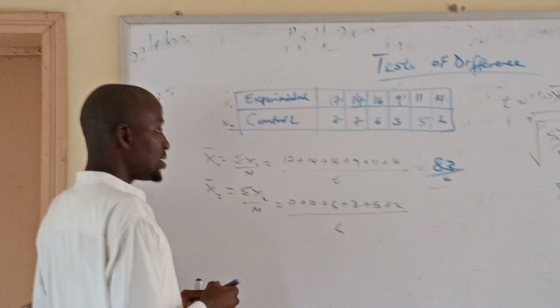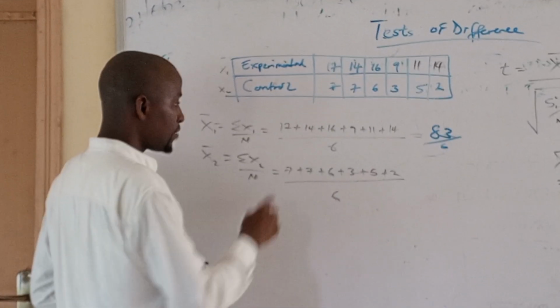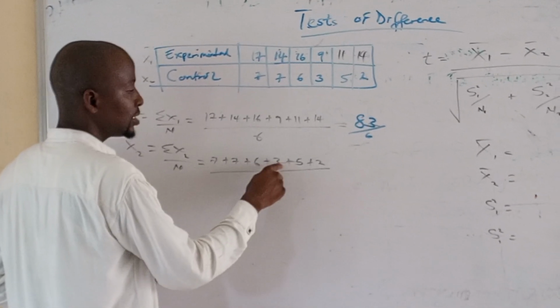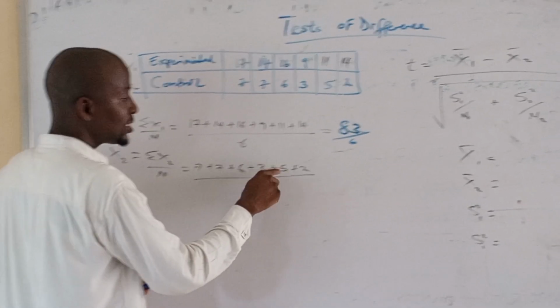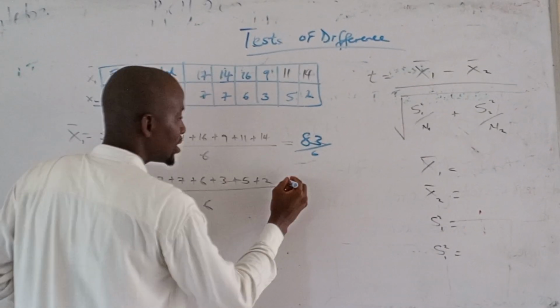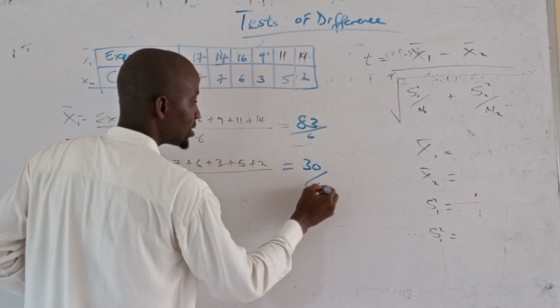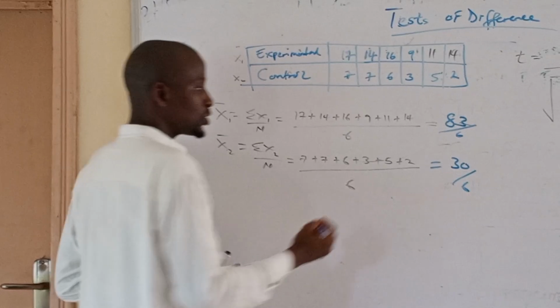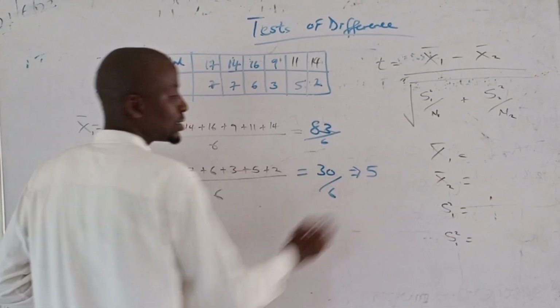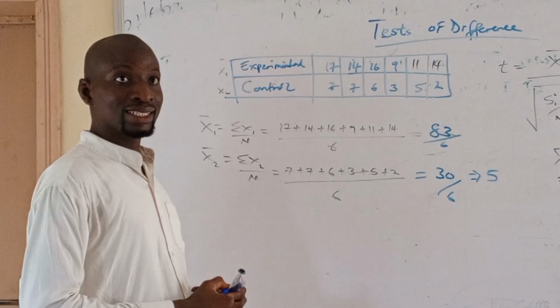Similarly, for the second one, we have 7 plus 7, 14, plus 6, 20, plus 3, 23, plus 5, 28, plus 2, 30. And that will be 30 over 6. By implication, our mean 2 is 5. 30 divided by 6.